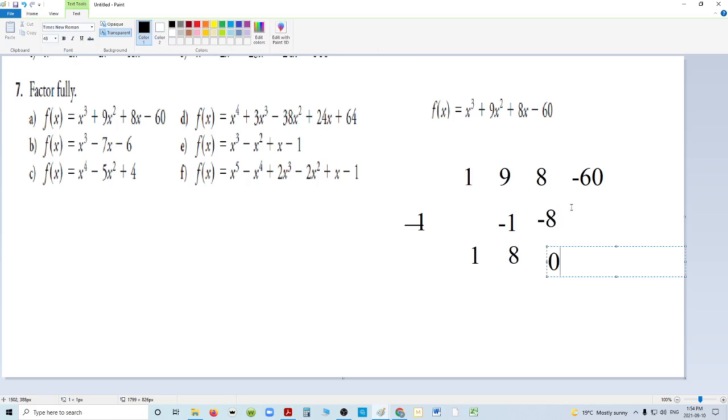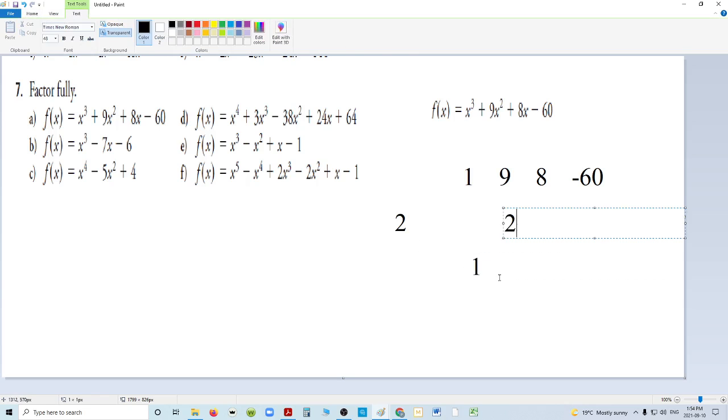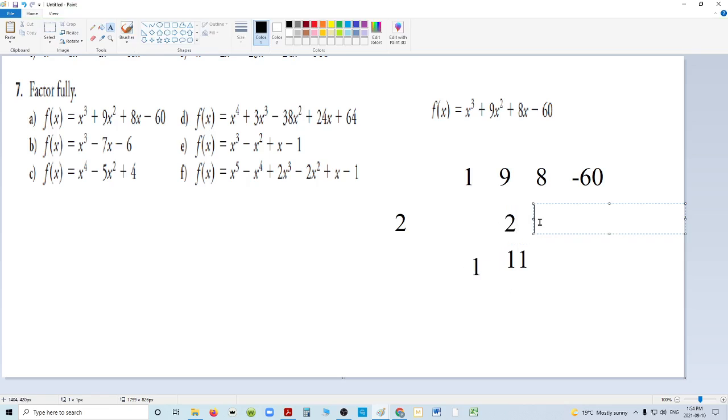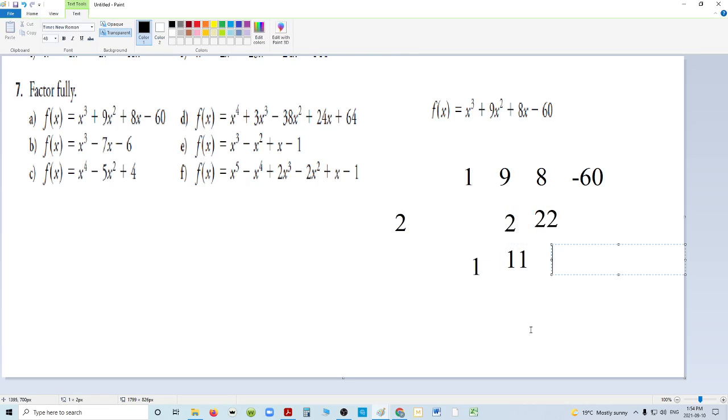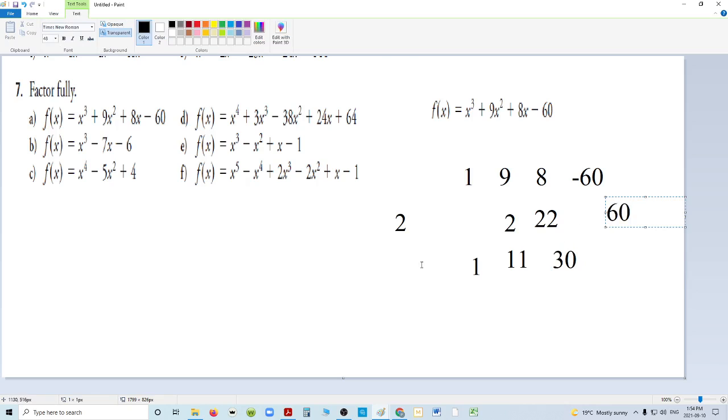And boom, we can rule out -1 because we're not getting a 60 over here. So we know it's not 1 or -1. Go on to 2. There we go. So right away we got our factors.